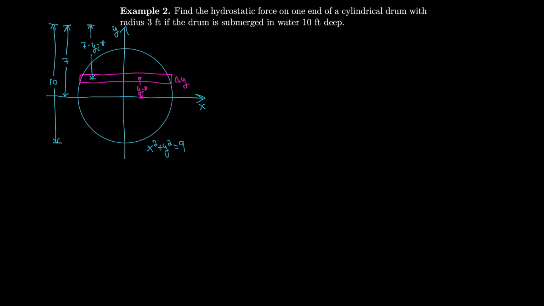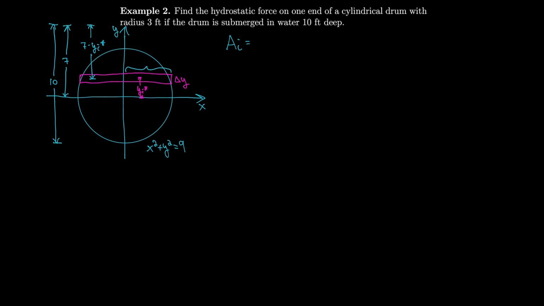Let's see if we can figure out the area of the plate then. We can figure out the area, multiply the area by the pressure, and we'll be good to go. So the area is length times width, or the base times the height. Well, this thing is just the x value.